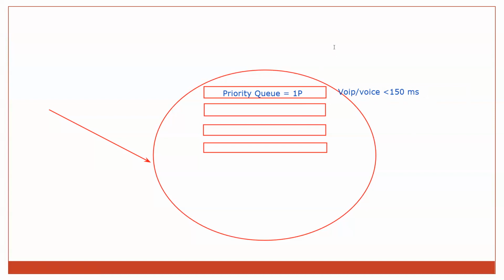Okay, then you have the rest of the queues. Since this is, for example, 1P, 3Q, and 3T, 3 thresholds, that means these queues can be further divided into different thresholds.